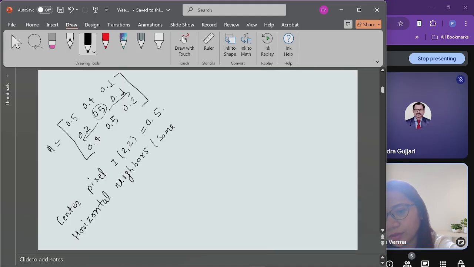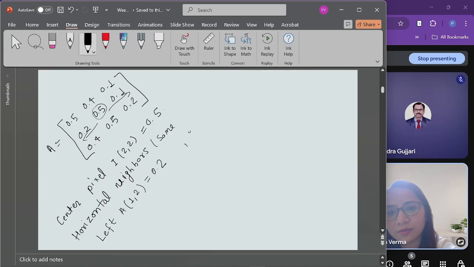The left one, first column, second row, what will be the value? This is 0.2, right?